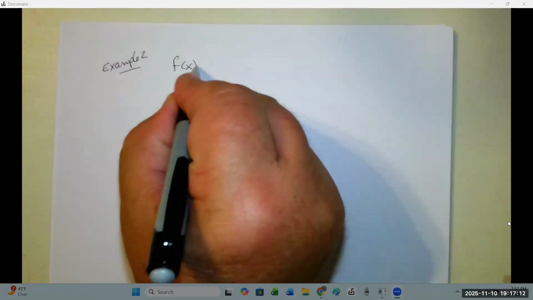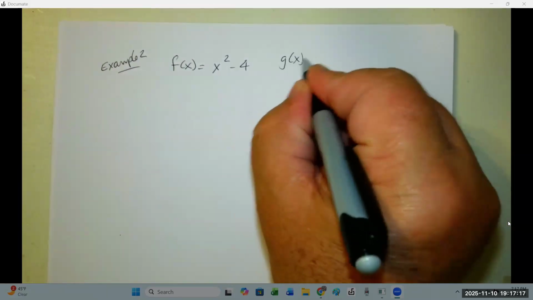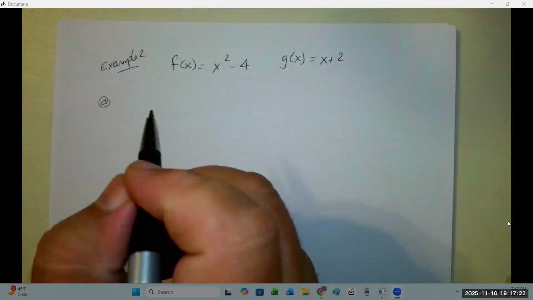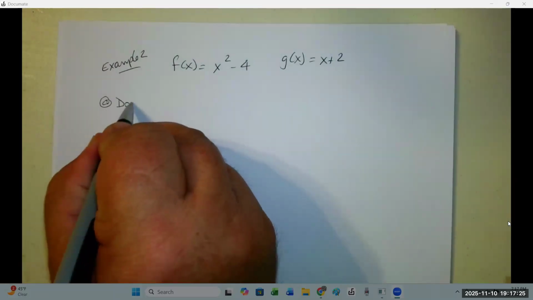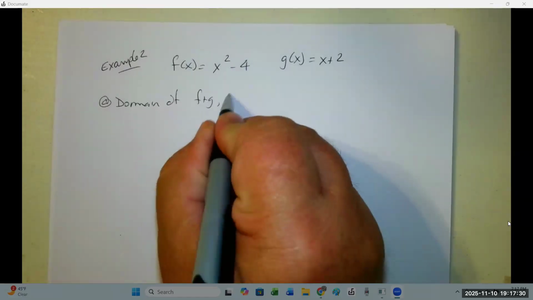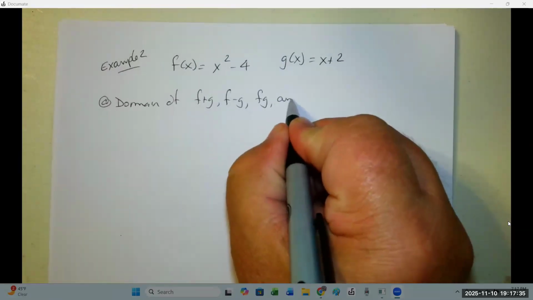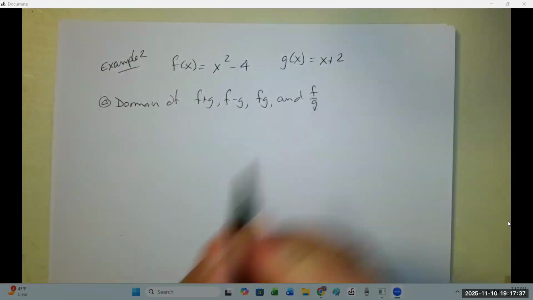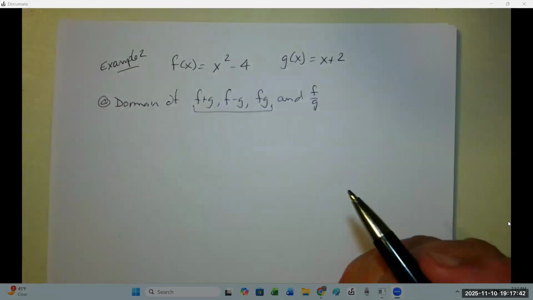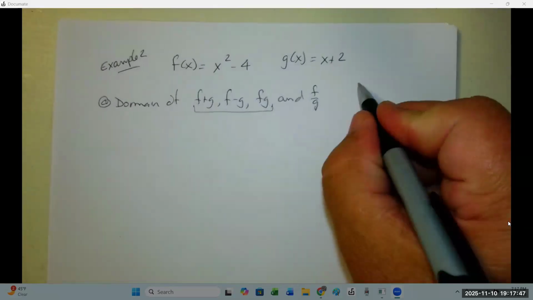So f of x is equal to x squared minus 4, and g of x is x plus 2. Find the domain of f plus g, f minus g, f times g, and f divided by g. So remember, these three here have the same domain. Let's look at f of x.